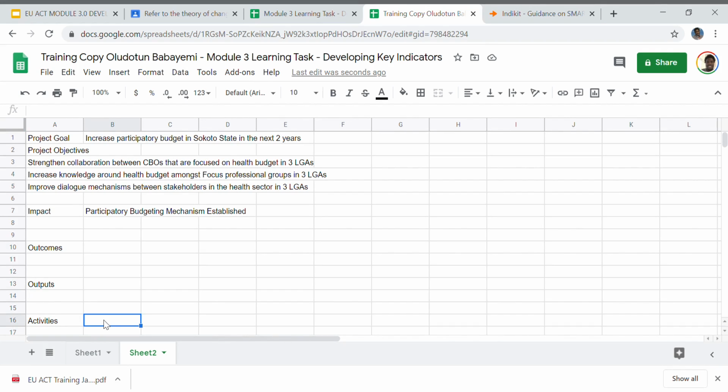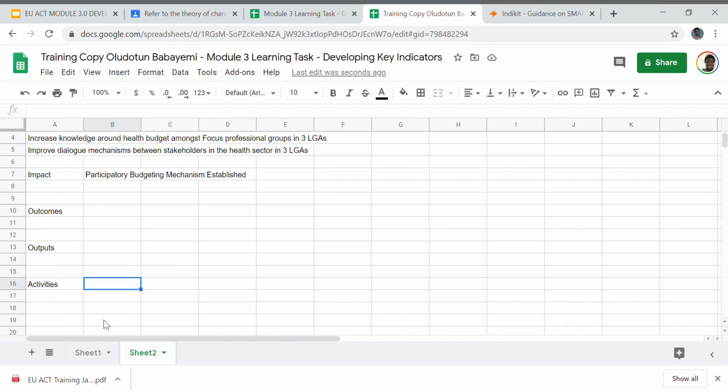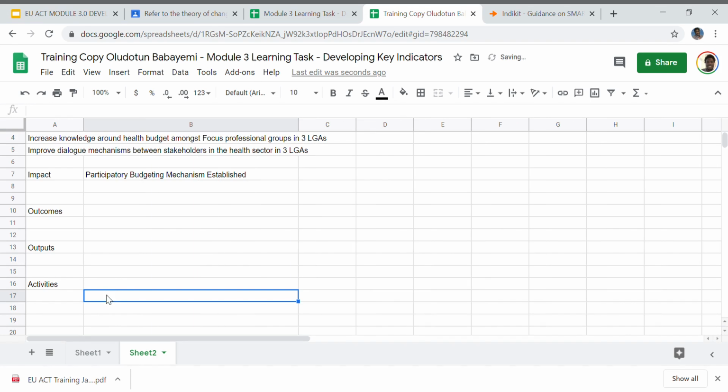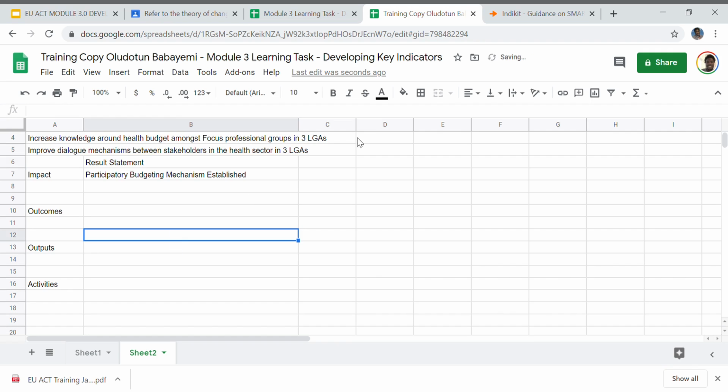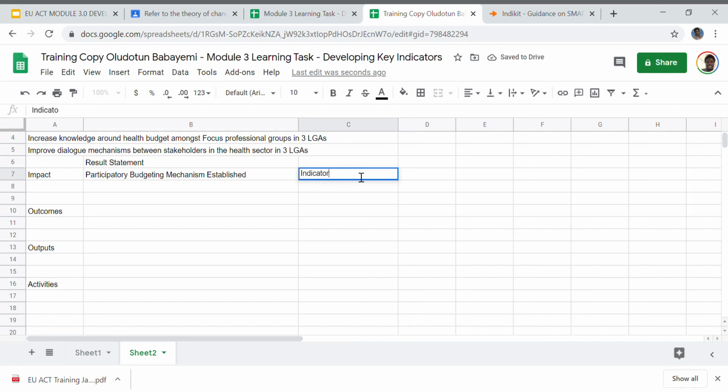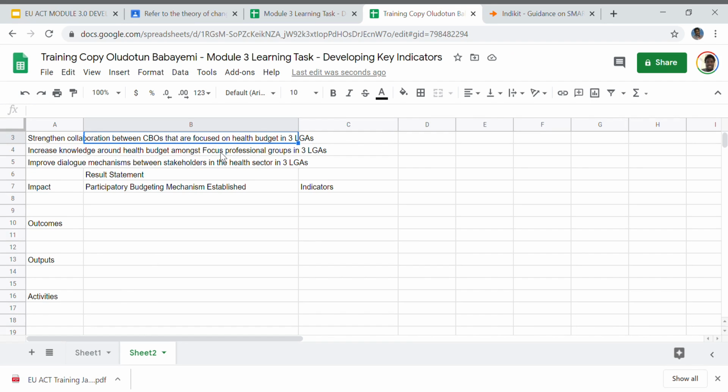So let's look at some of our activities. If we have some time, we can still look at that. Let me do this. So we have a results statement, right? Just for descriptive purposes, I'm not going to put the IDs and all. Each of these will have their own activities, right? I'm just going to use that.